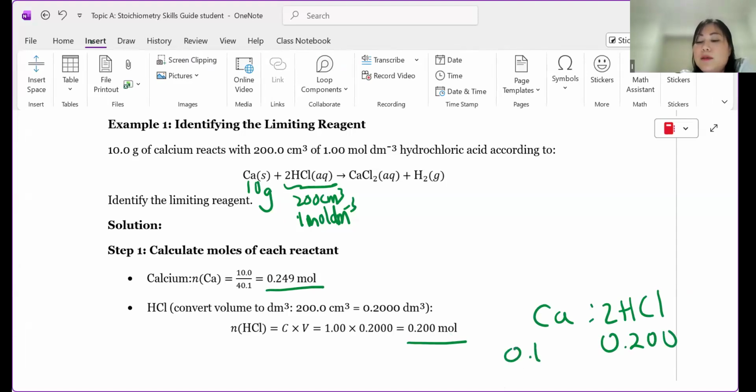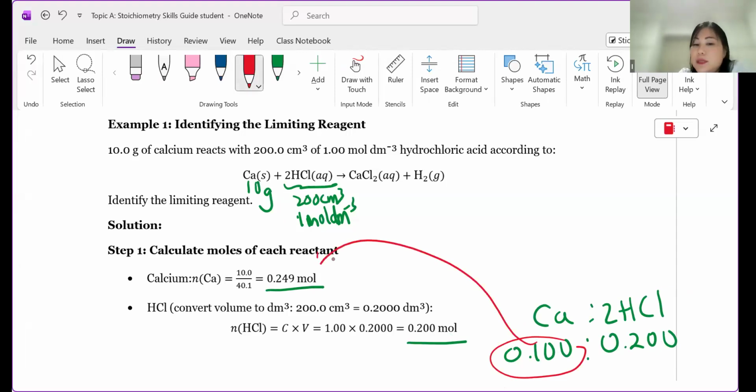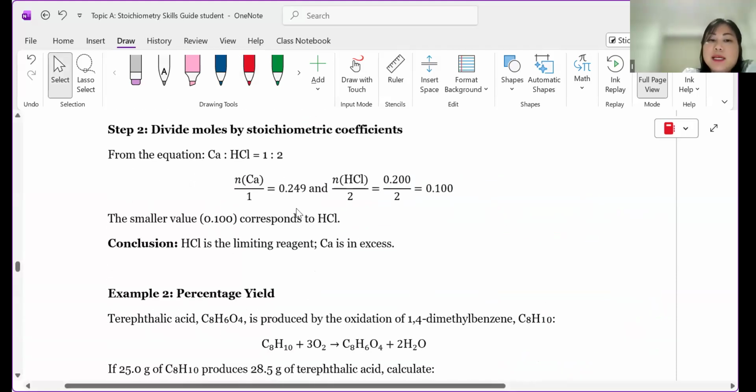I need 0.1, mole ratio 1 is to 2. So I know I need 0.1 calcium, and then I check, do I have 0.1? Yes, I have more than 0.1. Therefore, this is excess. So this is limiting reagent. Okay, so the limiting reagent is HCl.